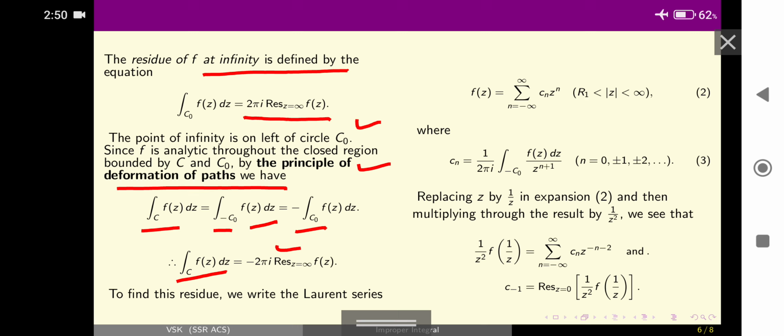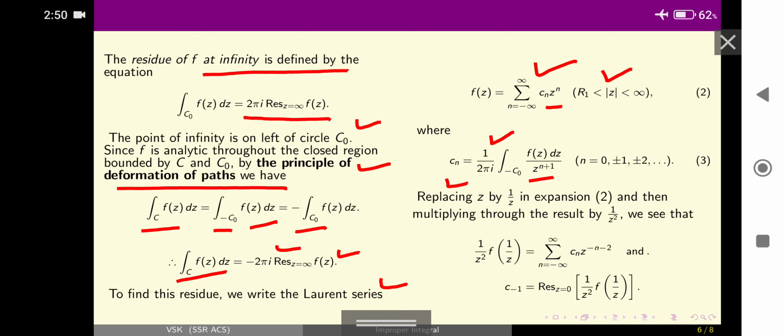Now to find this residue, we write the Laurent series of f(z) in this way: the sum from n equal to minus infinity to infinity of Cn z^n, which is valid in this region, where Cn is given by 1 upon 2 pi i times the integration of f(z) dz divided by z^(n+1) over minus C0 circle.